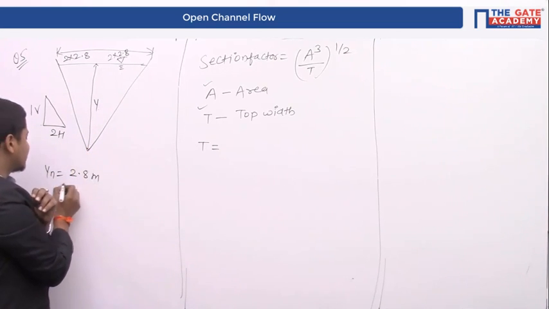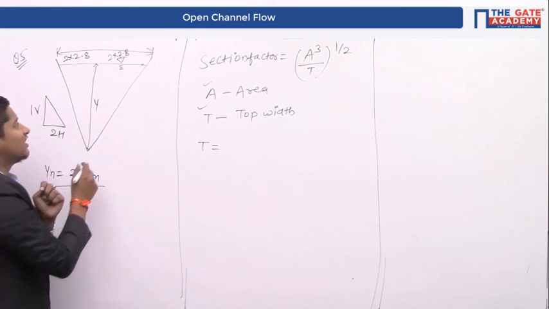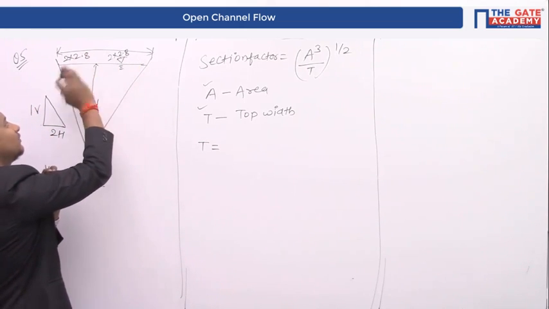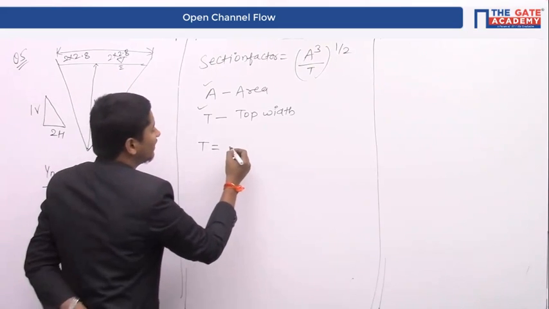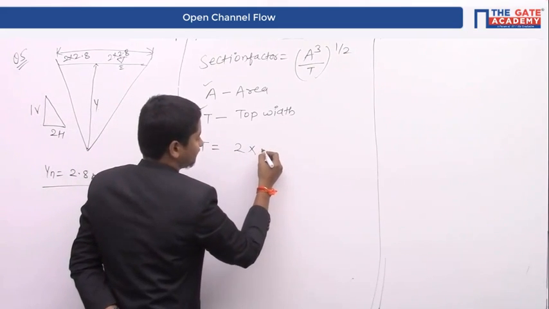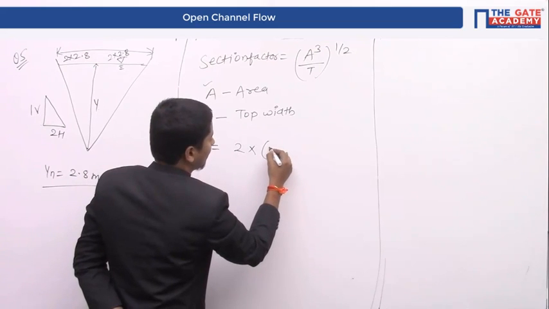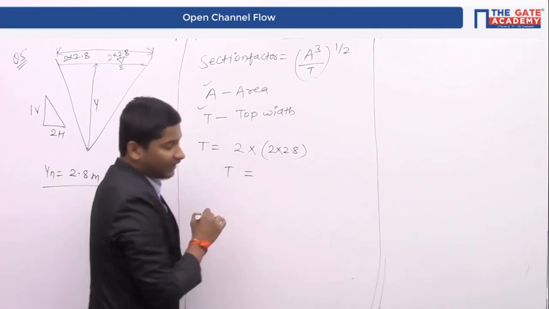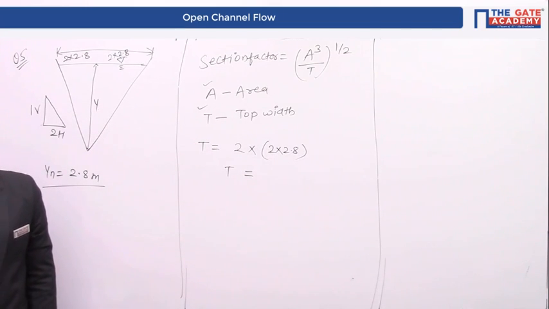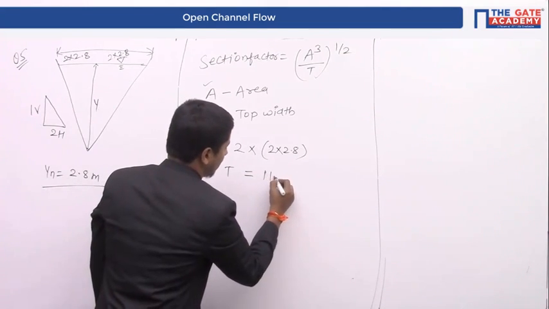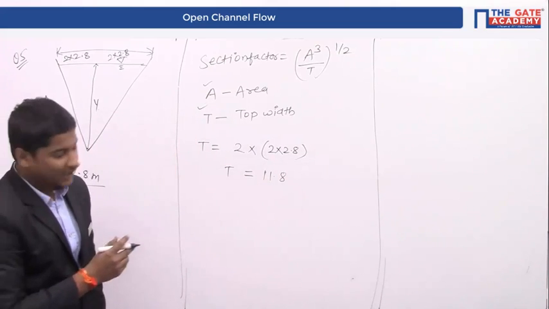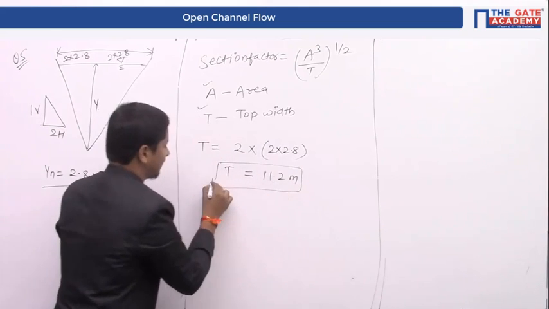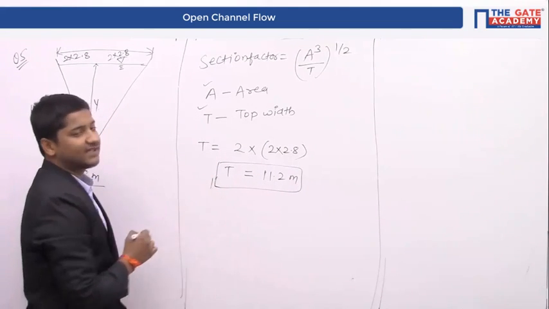Now in this question yn is 2.8 meter, so this horizontal part will be 2 into 2.8 meter on both sides. So the total width, T, will be 11.2, not 11.8. So one value you get to know, that is T.